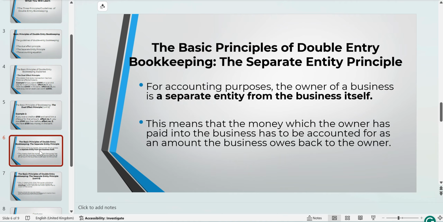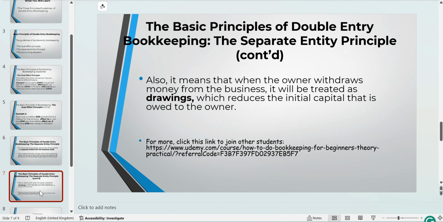This means that the money which the owner has paid into the business has to be accounted for as an amount the business owes back to the owner. That is the separate entity principle. You are separated from your business.